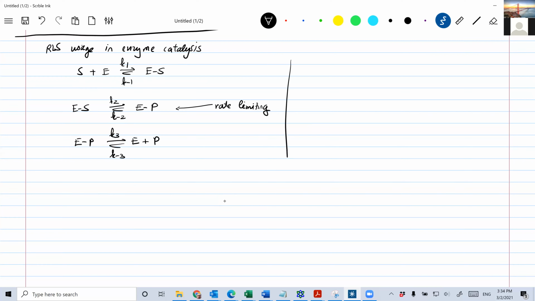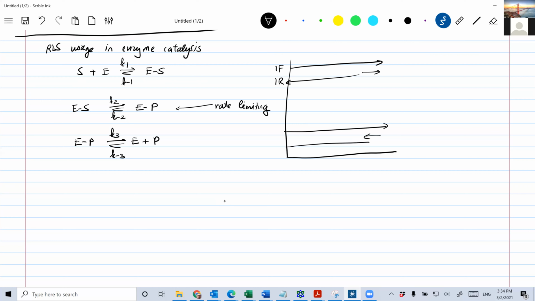What we had shown, using this arrow representation, is that if the second step is rate limiting, the first steps, reaction 1 forward and reverse, and the third steps, reaction 3 forward and reverse, are much faster than the second step. So we had gotten to that point.